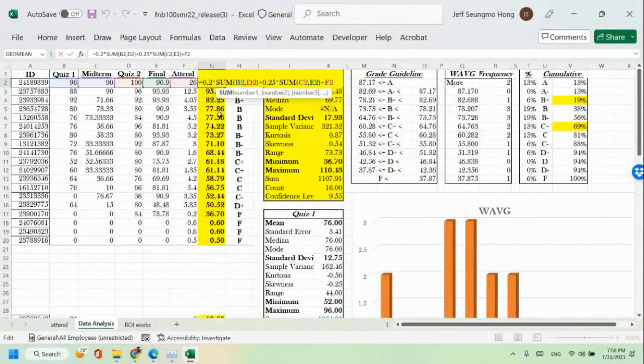So if you take a look at this weighted average, 0.2, B2. Professor, sorry to interrupt. Quick question: we've only had 2 quizzes so far, correct? That's actually not your quiz 1, this is from last year, summer last year.